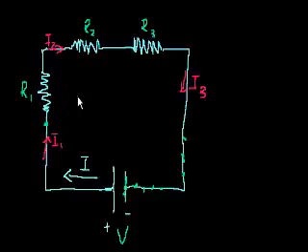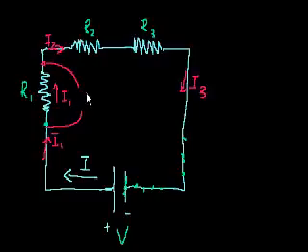But the current through this entire series circuit is constant. Now, if we say that, what else can we say? Well, let's say the current through here is I1. If the current through here is I1, what is going to be the voltage if I measured it from here to here, with a voltmeter?